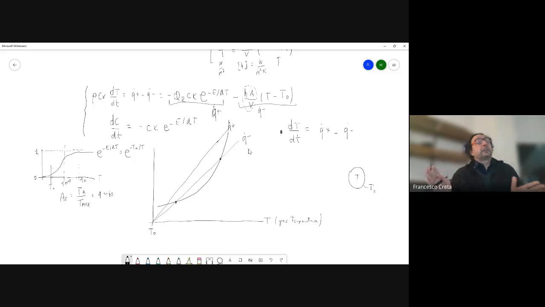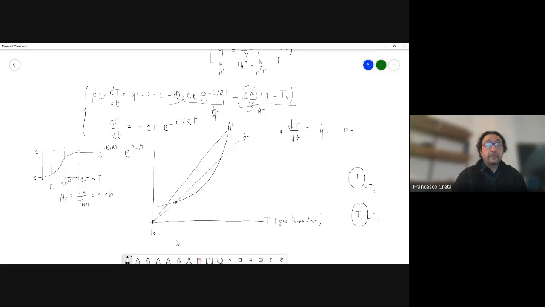But other than that, let's start from the beginning, and let's see what happens if I start my system at an initial temperature equal to the wall temperature. So we start from here. So T, my gas temperature, is equal to T0.